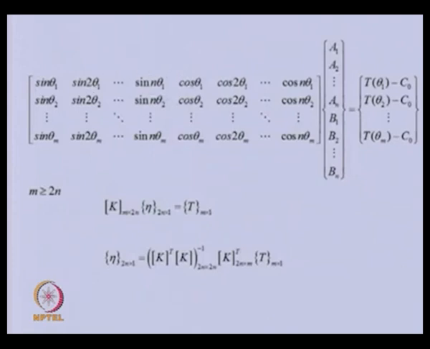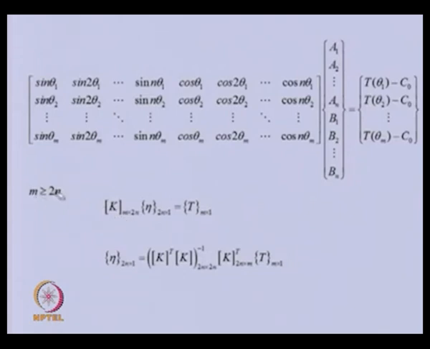This particular matrix I am writing as the K matrix. This unknown vector of A and B I am writing as nu, and this torque variation, which we have information on, I am writing as the T matrix. You can see these subscripts are representing the size of the matrices.